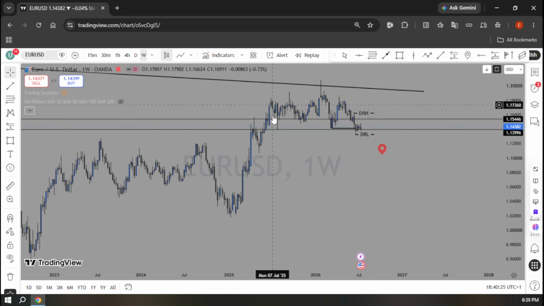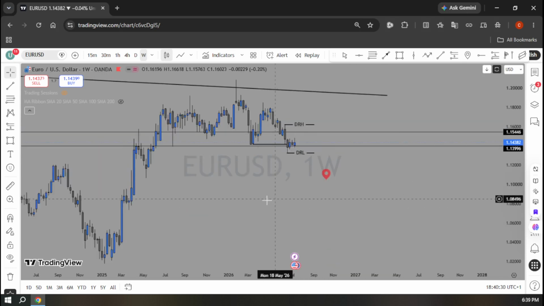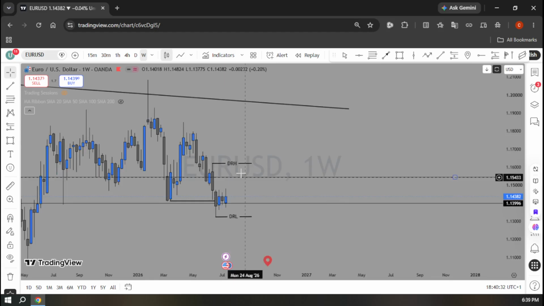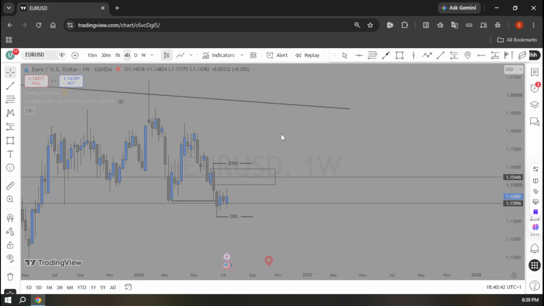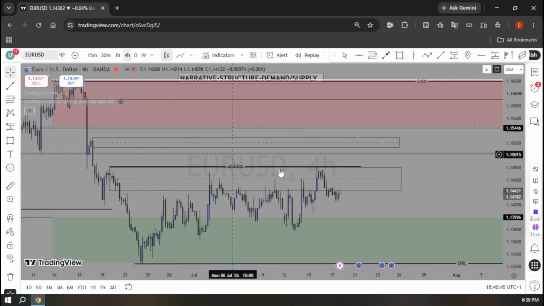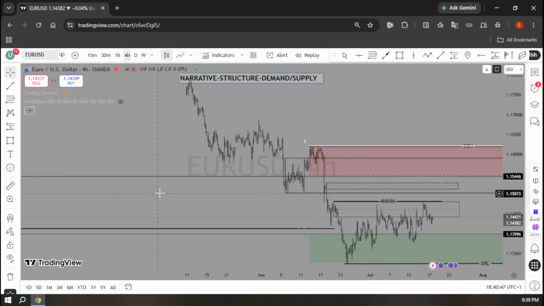on the weekly time frame which we should look at, but not yet, because we are looking at the lower time frame. Now look at this, our dealing range from here to here. We have this very important candle which is the supply area, and back to the 4-hour time frame. Where does that align into?